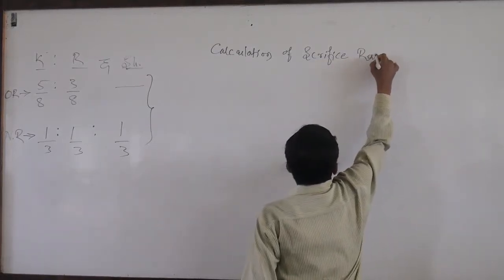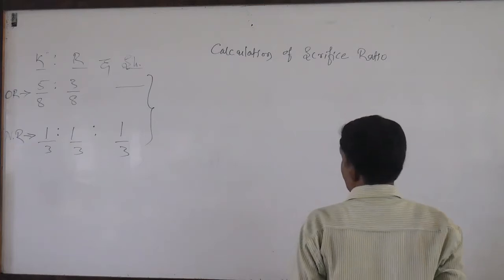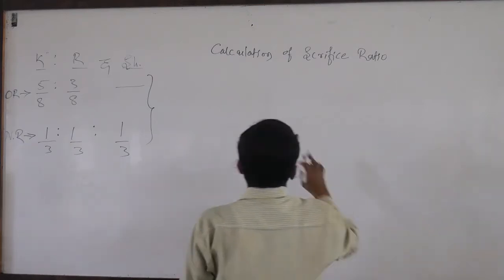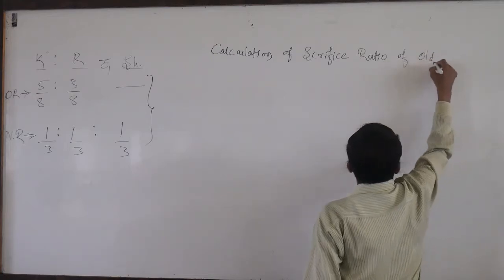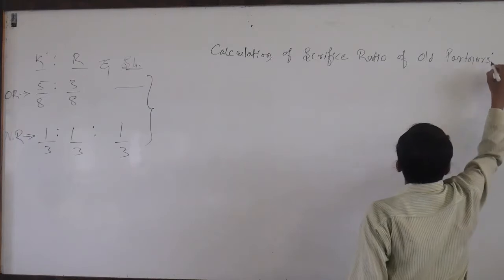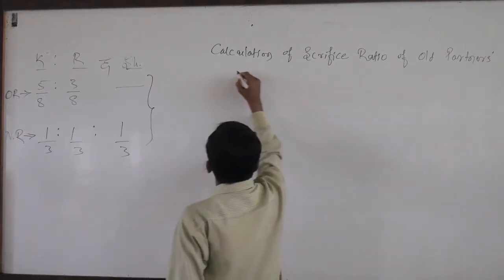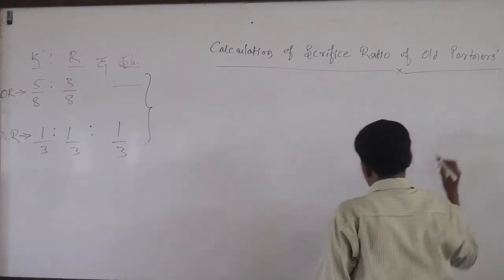This is a very simple method. For 6 marks you will be asked in your annual examination the calculation of sacrifice ratio of old partners. This is very compulsory while calculating the sacrifice ratio. We need to calculate the sacrifice ratio of only older partners.